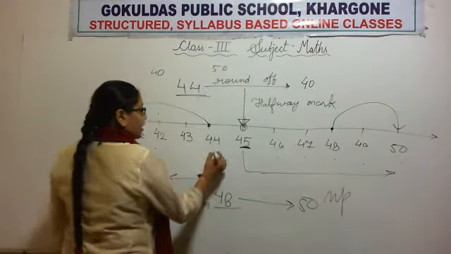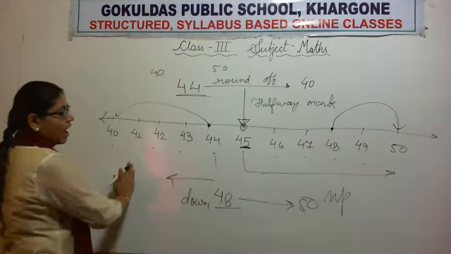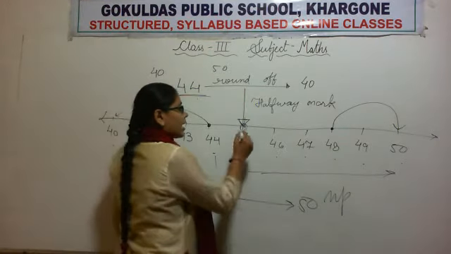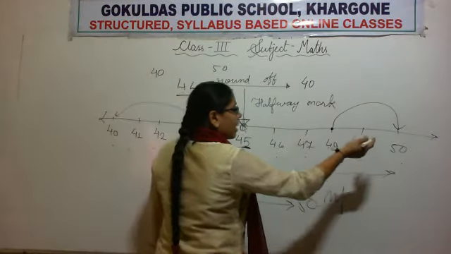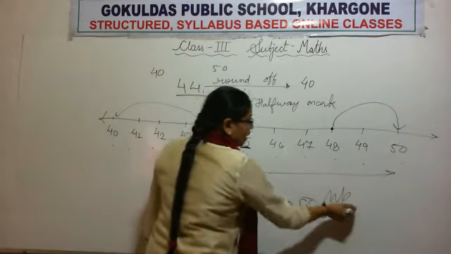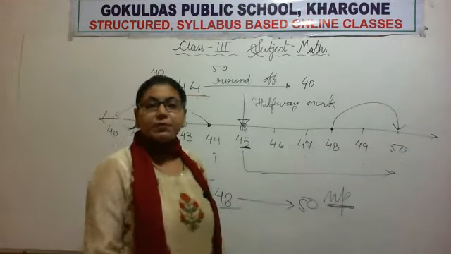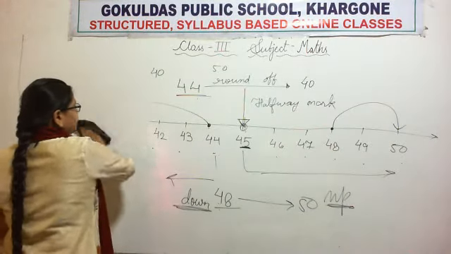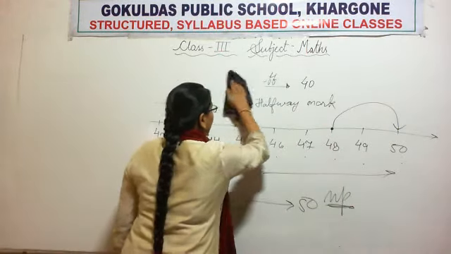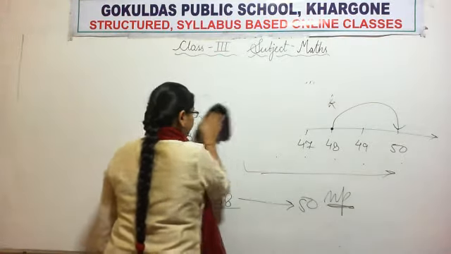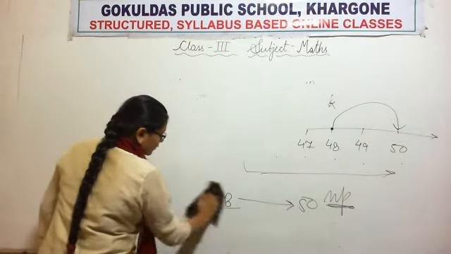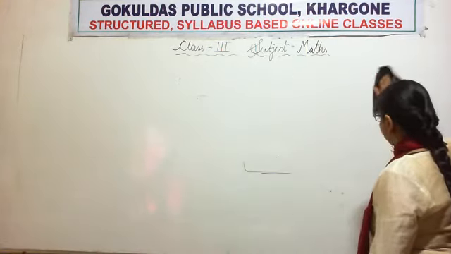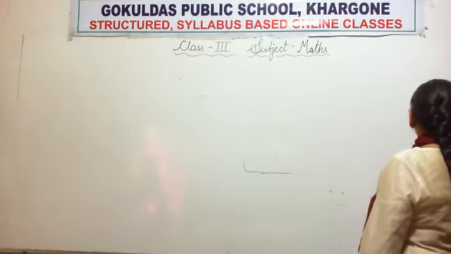If our number is left of the halfway mark, we will round down, and if it is right of the halfway mark, then we will round up. This is one of the methods of rounding off which you learned in class 2nd. If you forgot, then this is the revision. Now I hope you understood.